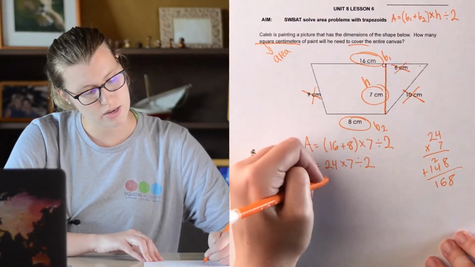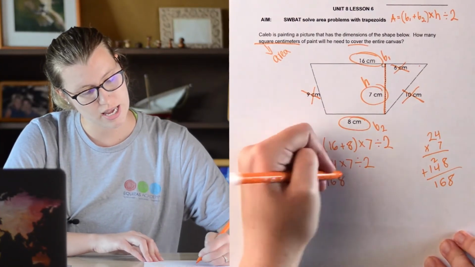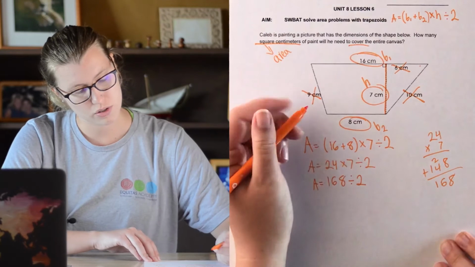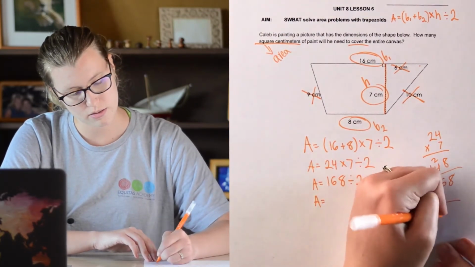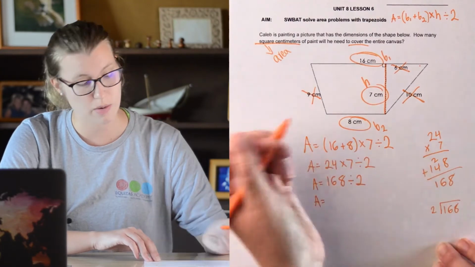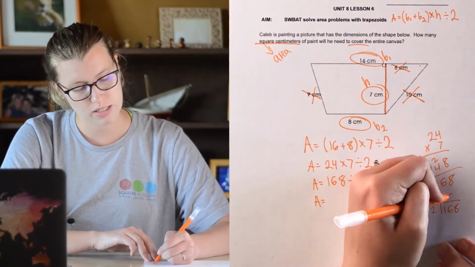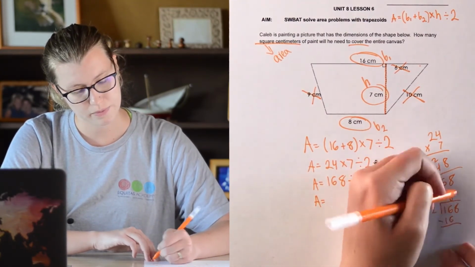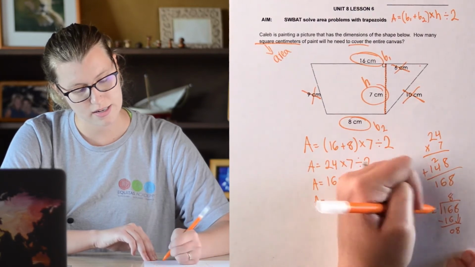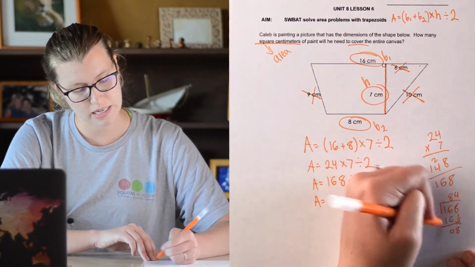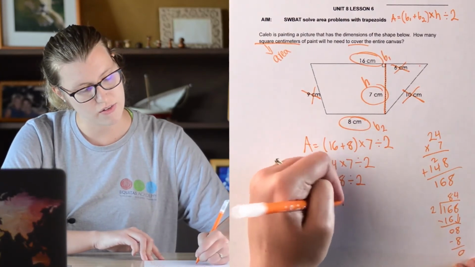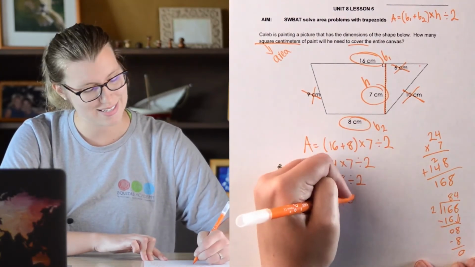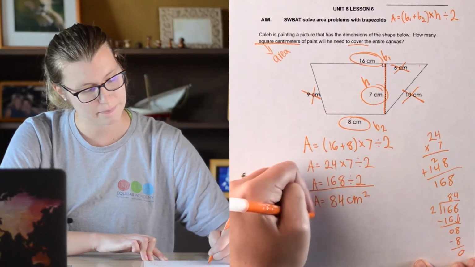So my area equals 168 divided by 2. Now that's a bit easier, but I'm still going to use some long division just to make sure I don't mess up. 2 goes into 16 8 times. Left with 0, bring down an 8. 2 goes into 8 4 times. Left with 0. So area equals 84. What are my units? Centimeters squared.